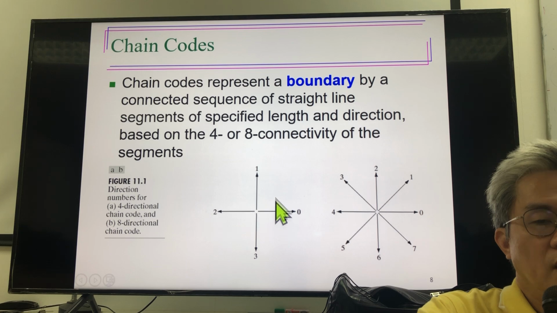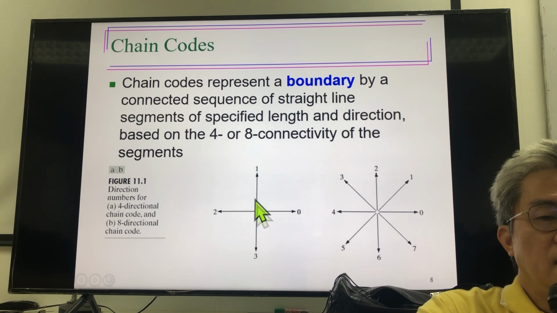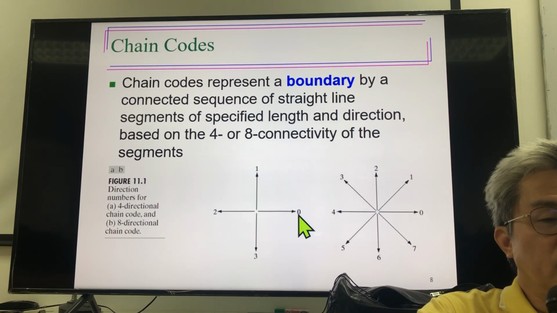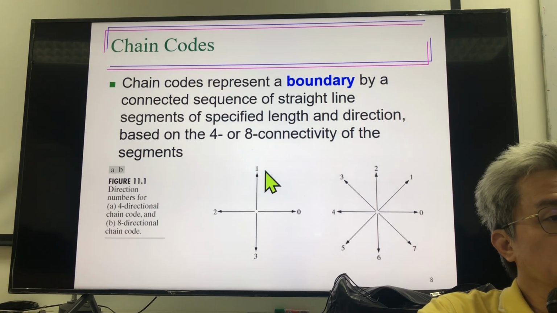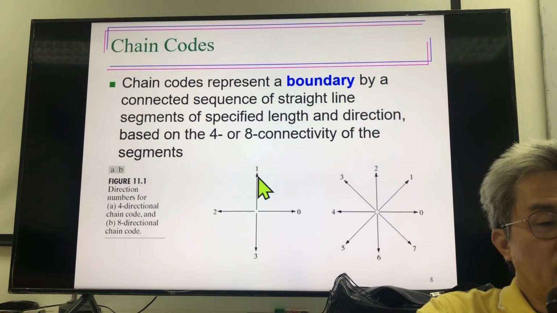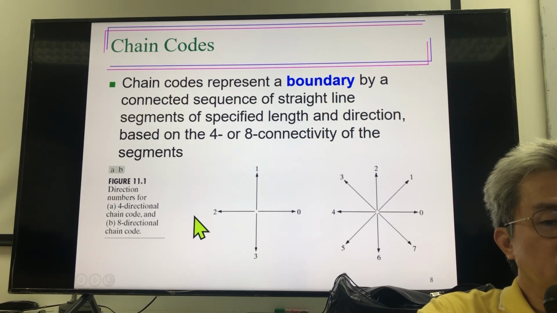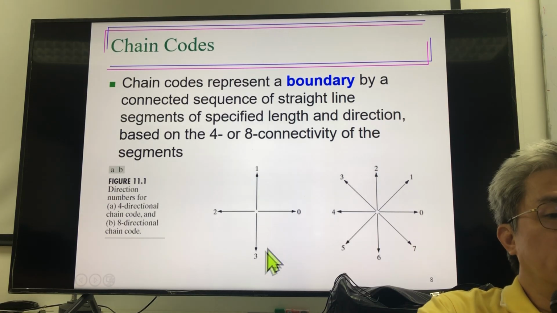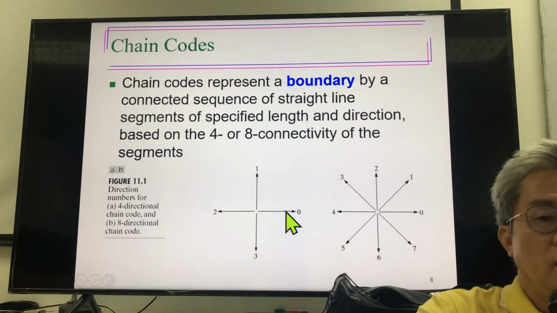If it's connected to the right, it's going to be represented by a 0. If it's connected to the top, it's a 1. If it's connected to the left, it's a 2. If it's connected to the south, it's a 3, and so on. This is based on the 4 directional, and is called the 4 directional chain code.